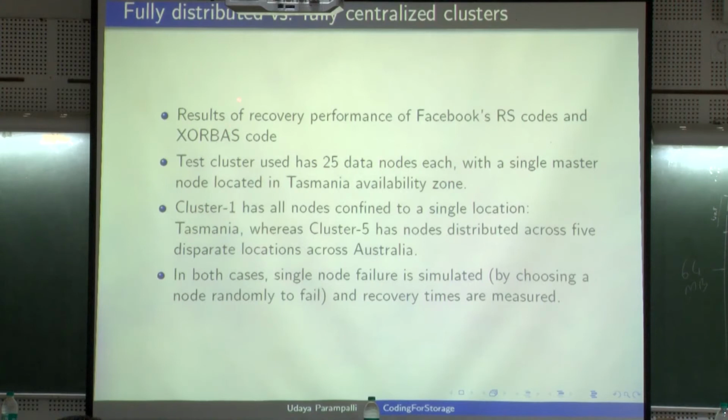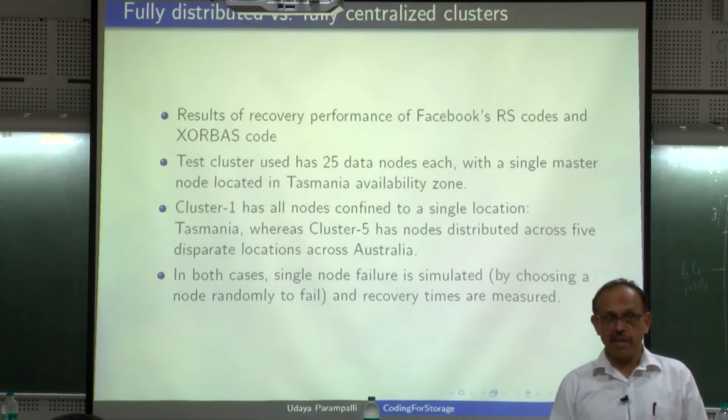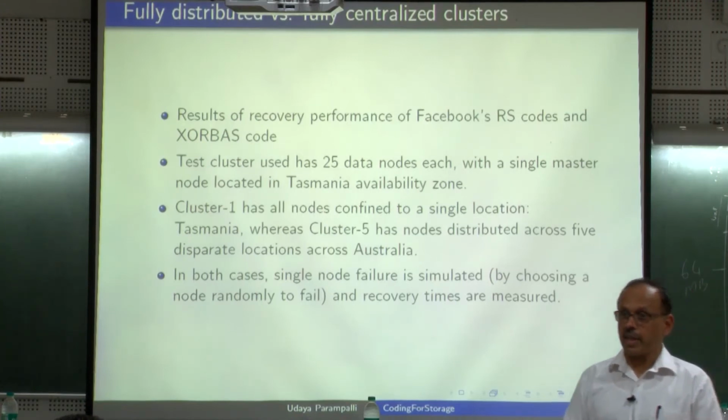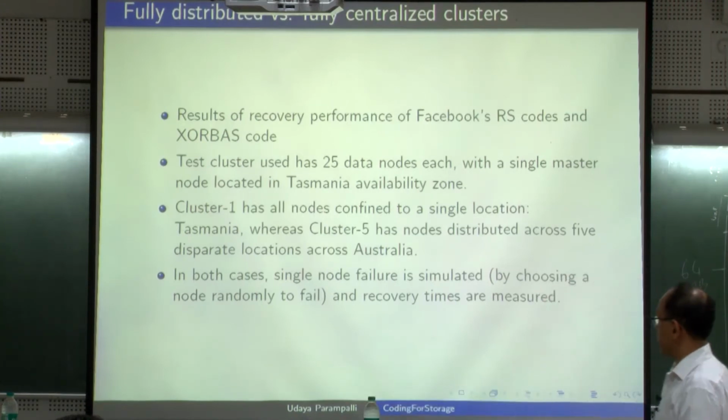Before even doing that, we wanted to understand the behavior of this, so we made some test clusters. In one case all nodes are in one location, in the other case everything is spread out. This is about 25 data nodes in each, with a single master located in Tasmania.